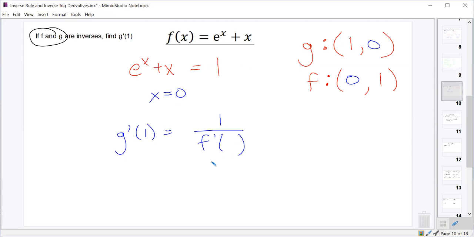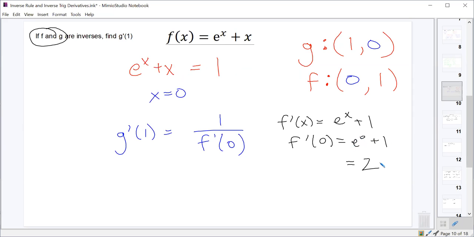And what is f prime of x? E to the x plus 1. Ought to be just e to the x plus 1. And so if we want to find f prime of 0, that's e to the 0 plus 1, which is e to the 0 is 1, right?